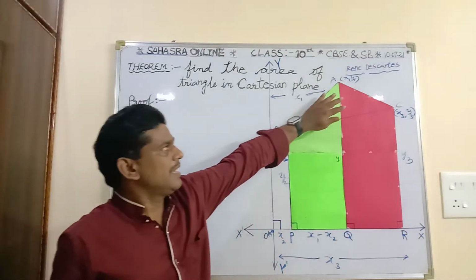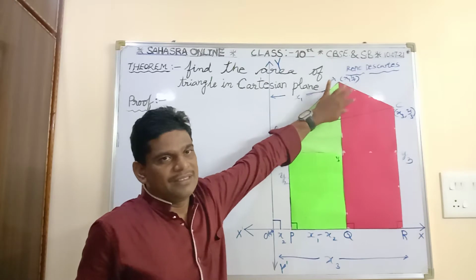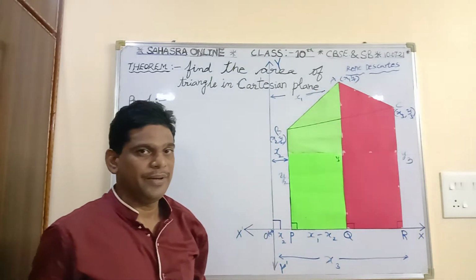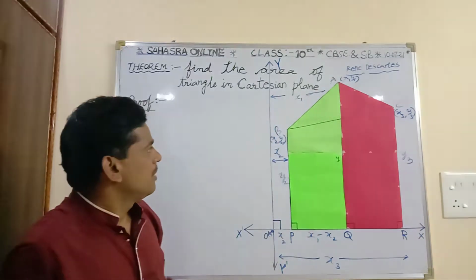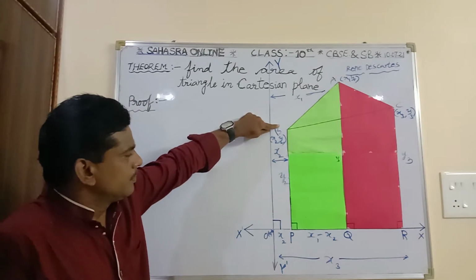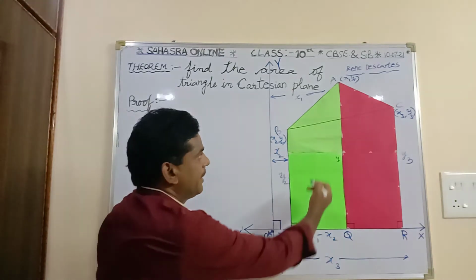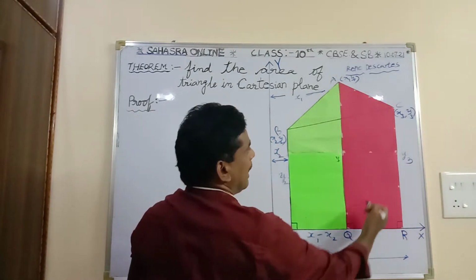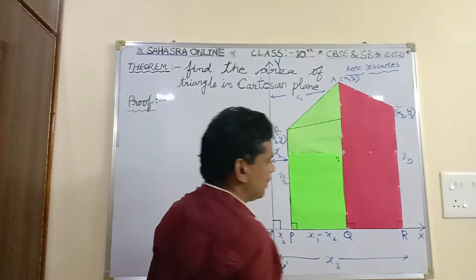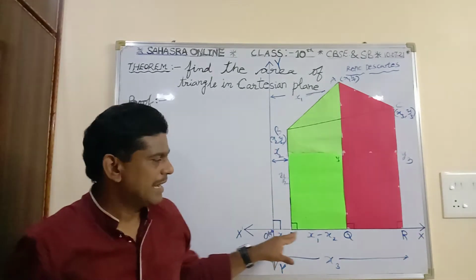To find the area of triangle, just a small construction should be done here. So, draw perpendiculars BP, AQ and CR on x-axis.